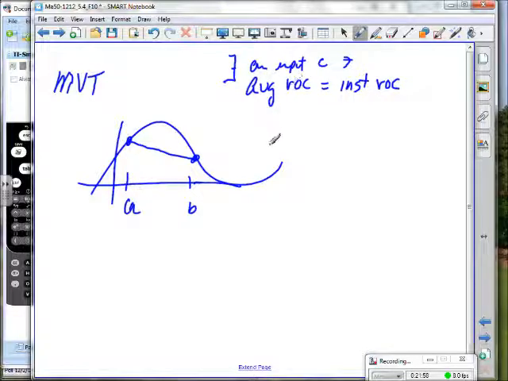Average rate of change, another way of talking about that, very simply, is slope of the secant, okay? And instantaneous rate of change is the slope of the tangent. So somewhere in here, there is a point where the slope of the tangent has the very same value as the slope of that secant. That's the mean value theorem for derivatives.